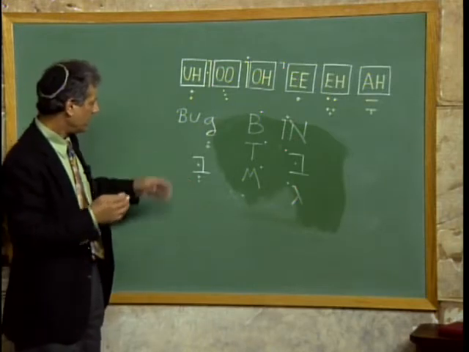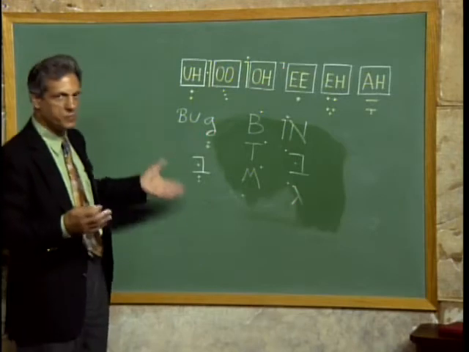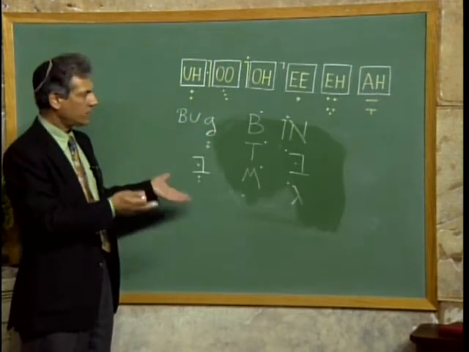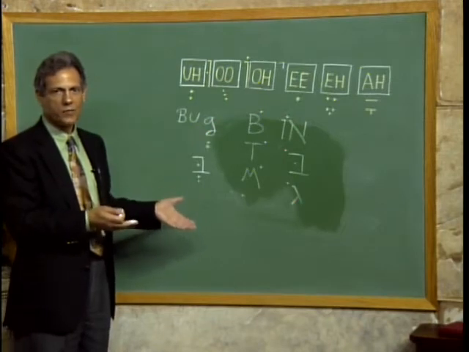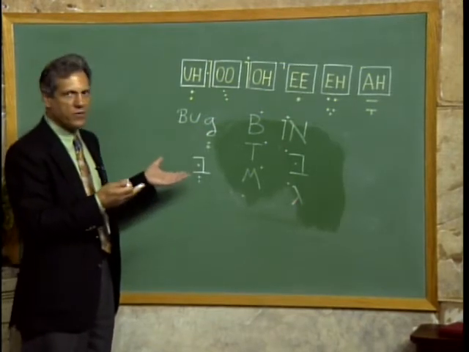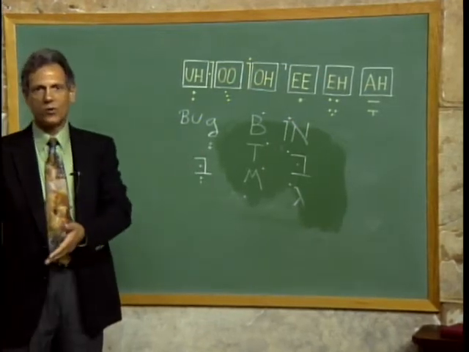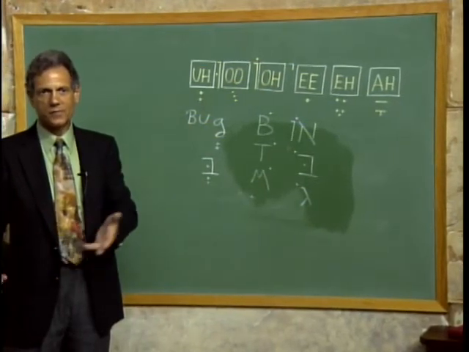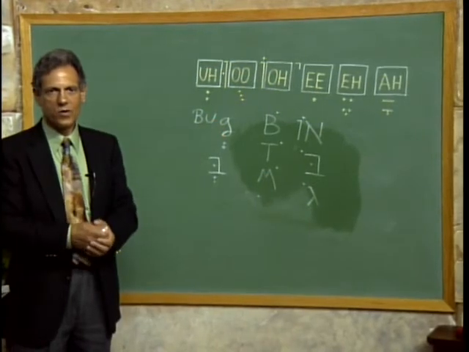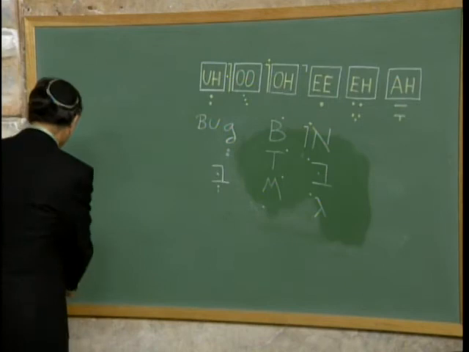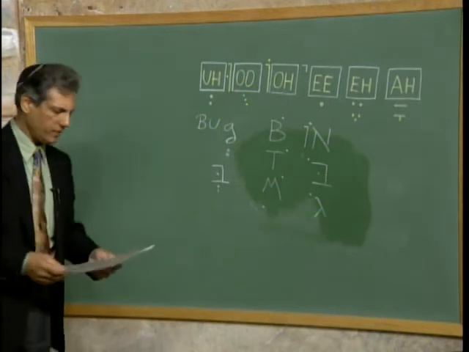So I showed you here the entire sound system of the Hebrew alphabet, and that is the way it works. If you know this and you know the letters, you are able to read Hebrew. And this is the whole story from beginning to end.